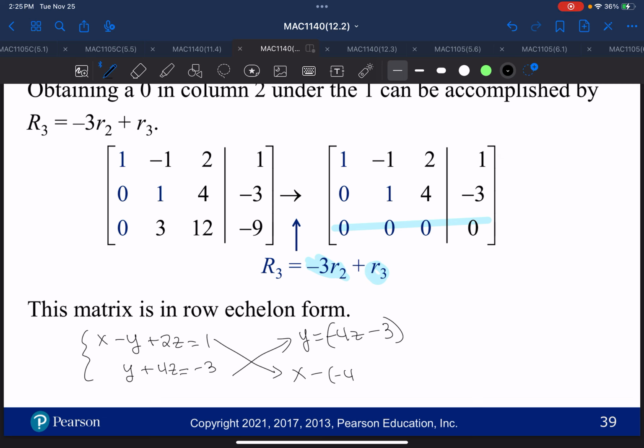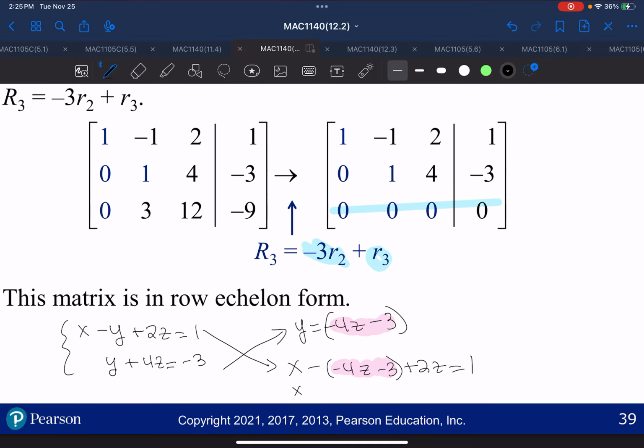So this would be negative 4z minus 3 plus 2z equals 1. So I solved the second equation for y, and then I plugged that in for y into the first equation.